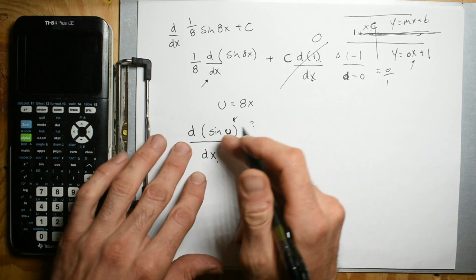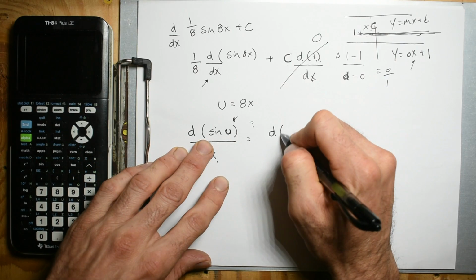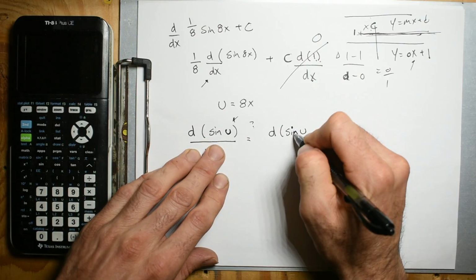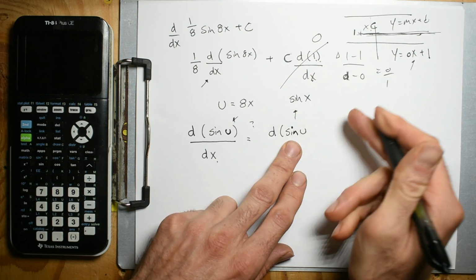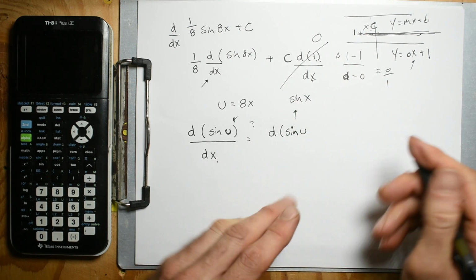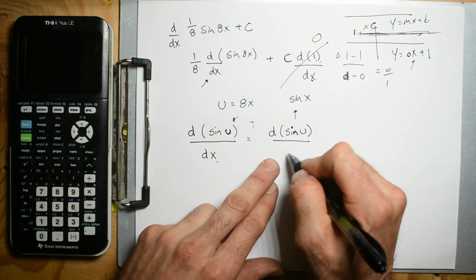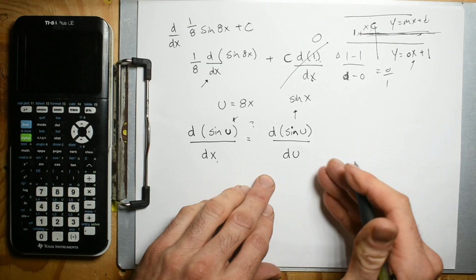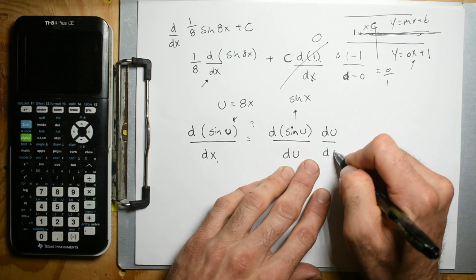And so here's what the chain rule says. Let's take the change of this. This is super similar to sine x, which we know how it behaves. But we're going to take the derivative of sine u with respect to u. We're going to change u. And then over here, we're going to take the derivative of u with respect to x.